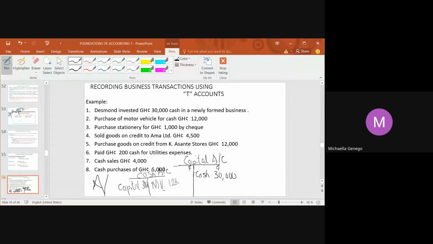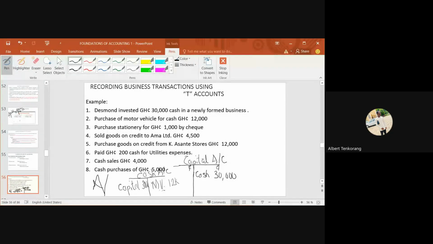So what are we doing to that account? Madam, purchases, we would debit purchases and credit cash account. Why?